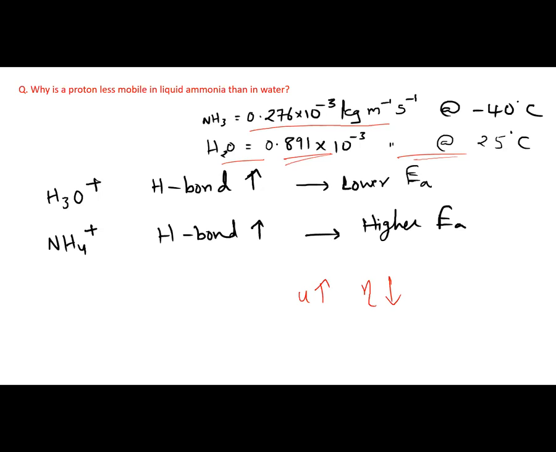In the last problem we discussed the Grotthus mechanism for proton conduction in water, where we consider the central molecule to be H3O plus. The same thing can be applied to liquid ammonia, in which case we have to consider the NH4 plus ion.